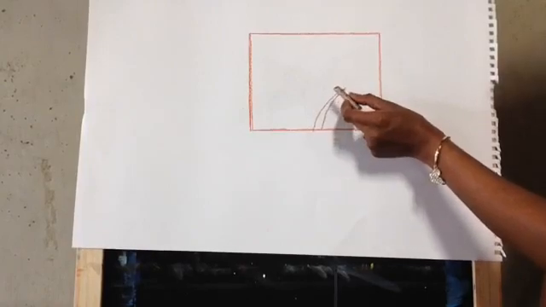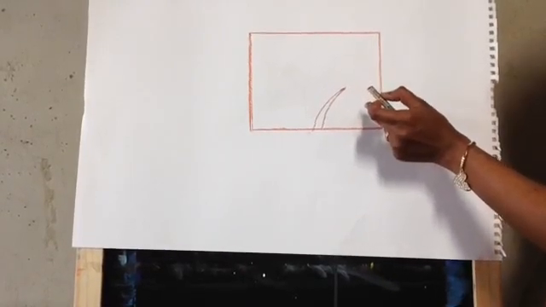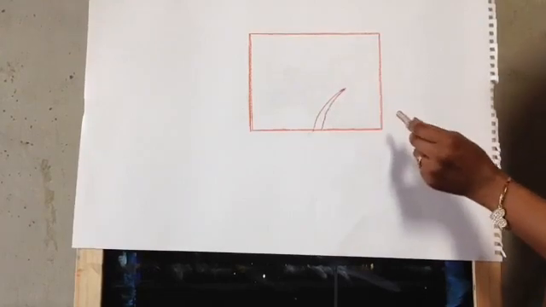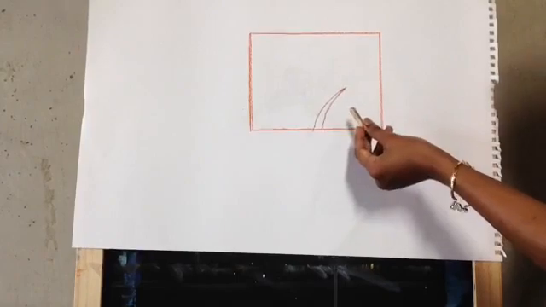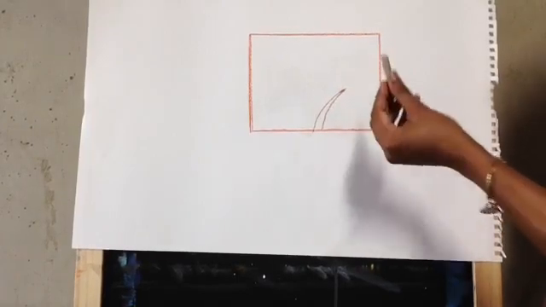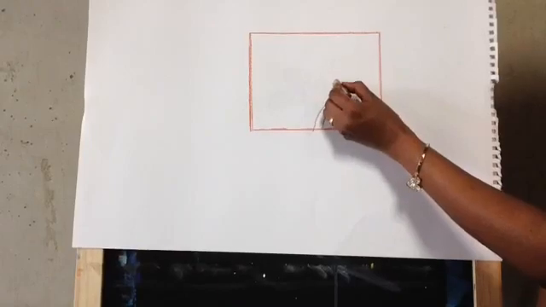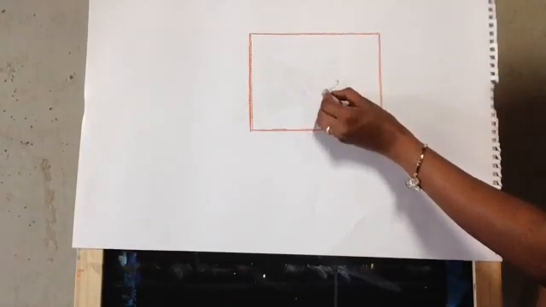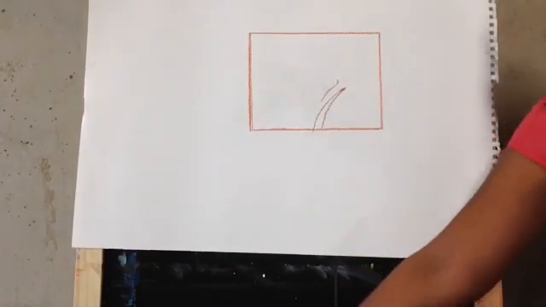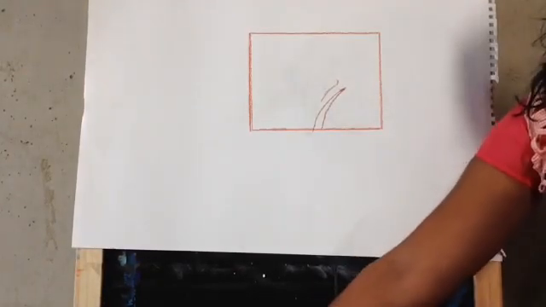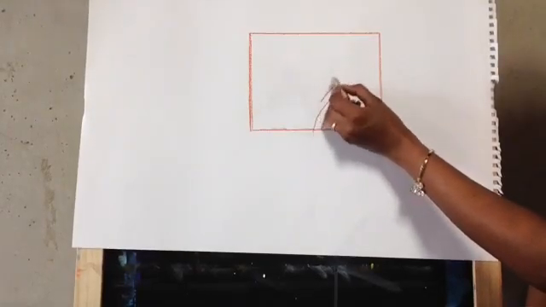So I hope you're using your pencil to draw initially, so that it's easier for you to erase even if you make mistakes. I'm just using oil pastels for you to see clearly. So we are going to make the body, a small body.